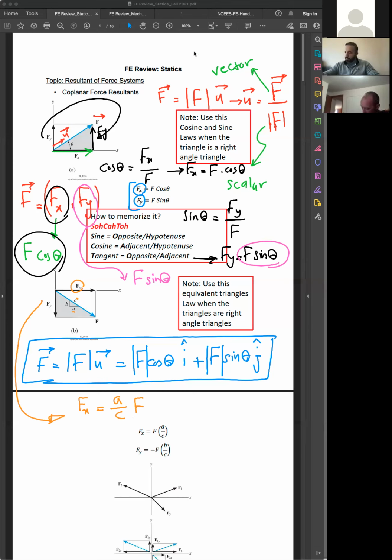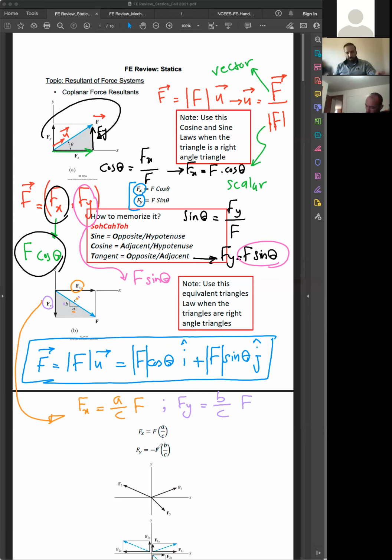Another one. If you want to find the Fy, the vertical component, since it is vertical, I would use the vertical side of the triangle. What is the vertical side of the triangle? B, right? B is the vertical side. B, again, over the hypotenuse, multiplied by the F itself. All right?